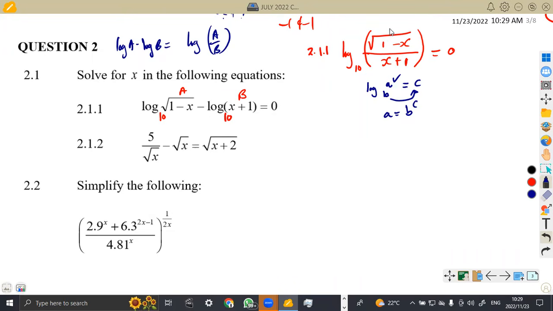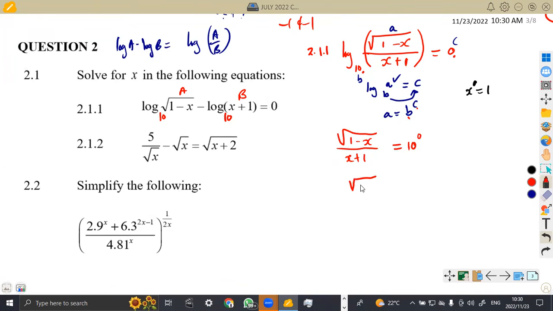So in this case, this whole part here is your A, this is your B, and this is your C. So A, which is the square root of 1 minus x over x plus 1, is equal to B to the exponent of C. Our B is the base, which is 10. So it's 10 to the exponent of 0, and we know that any number raised to the exponent of 0 gives us 1.